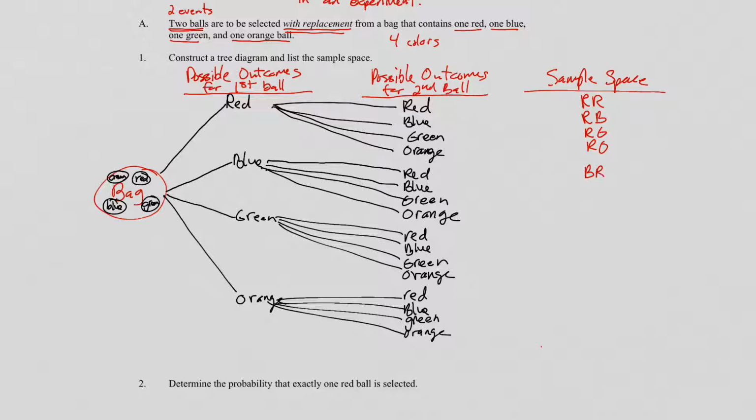Blue, red. Blue, blue. Blue, green. Blue, orange. Green, red. Green, blue. Green, green. Green, orange. I'm just writing my outcomes. The last one will be orange first, orange first in each case. The second ball for the first one is red, blue, green, and orange.